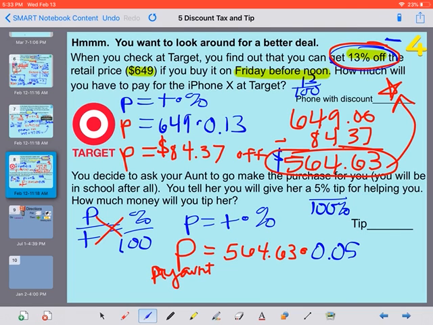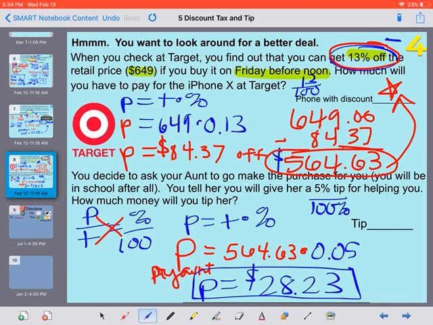This is 5%. So $564.63 times 0.05. The part that we're tipping her is $28.23 to the nearest hundredth, 2 decimals. So this one just asked you for the tip. So our tip is $28.23.